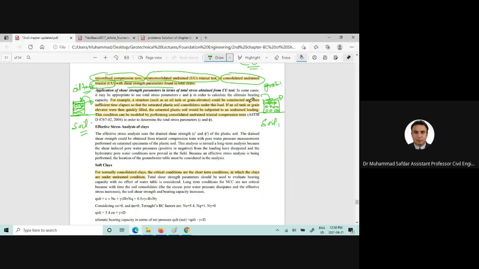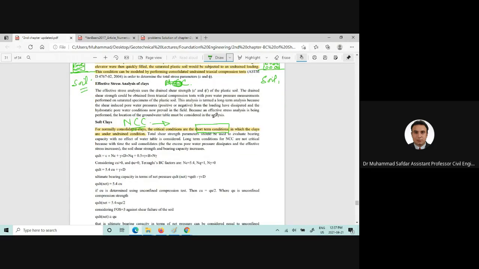Now for the case of the clays, the effective stress analysis should be performed for normally consolidated clays. For the soft clays, we will do the normally consolidated clays, so we are more interested in the short-term condition.